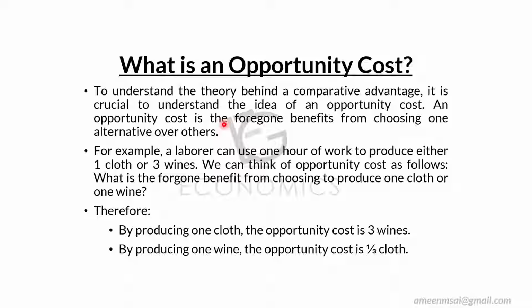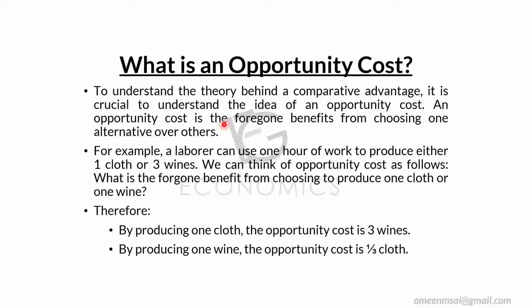When you're choosing an aeroplane, the opportunity cost is that you can't travel by train. As you all know, traveling by train is cheaper when compared to traveling by aeroplane. So this is an opportunity cost. When you choose aeroplane, the benefit that you forgo is the cheaper mode of transportation, that is train.